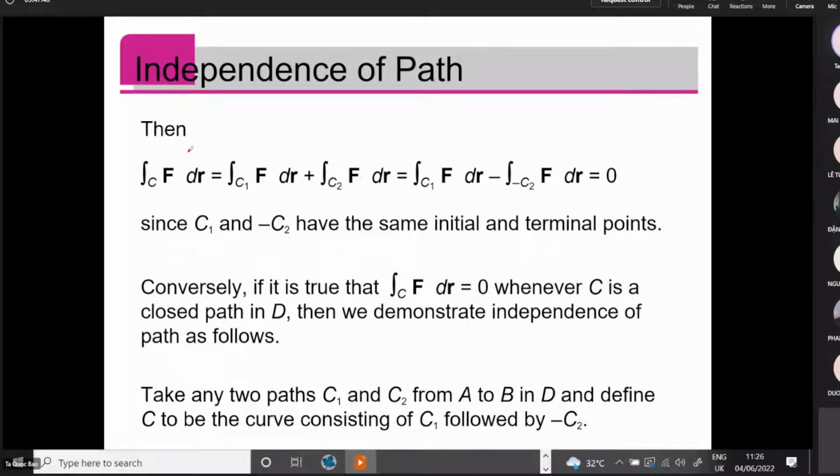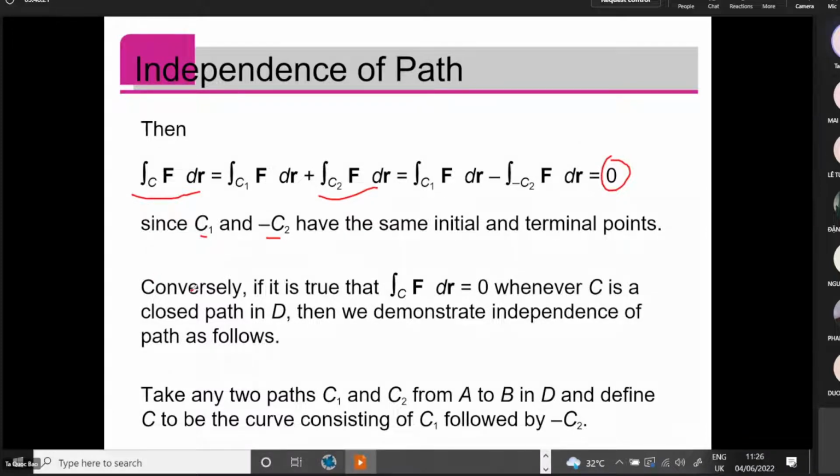Now, the integral over C of F dot dr equals the integral over C1 plus the integral over C2. When we change the direction, it becomes minus. Therefore, because C1 and minus C2 have the same terminal point, this is equal to 0.